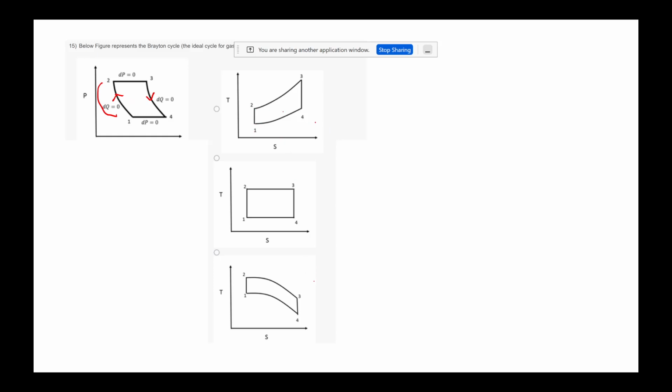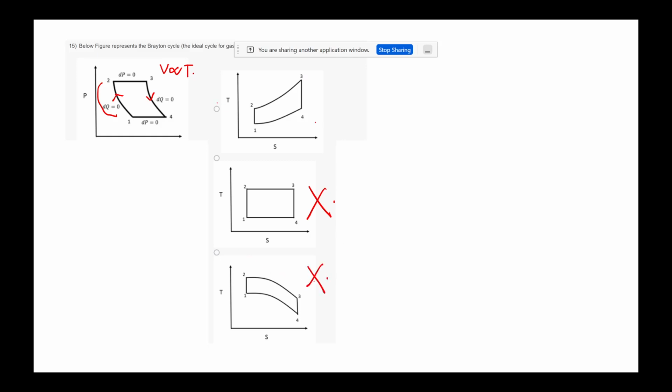Now for dP equal to 0, T is not fixed, right? This is an isobaric process, so this is not correct. Now if P is fixed, then for an ideal gas V is proportional to T. So as volume increases, temperature should increase. So this curve is then not possible.